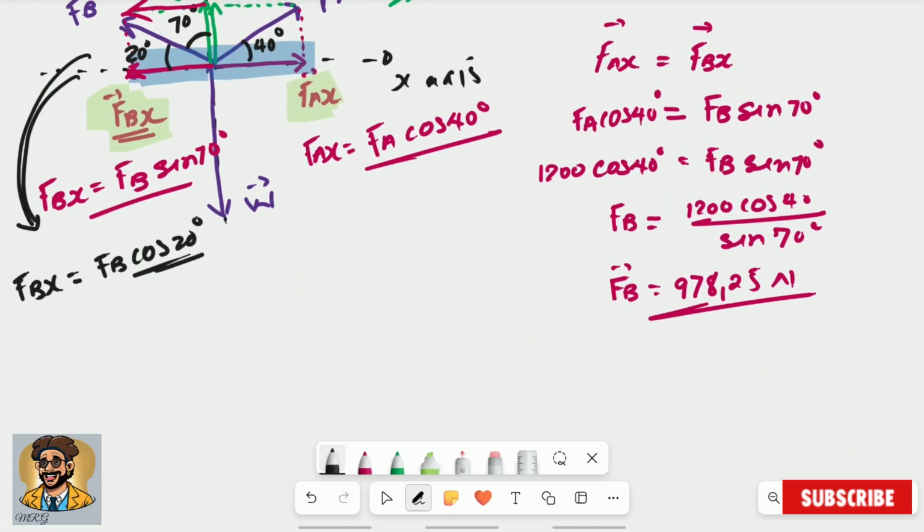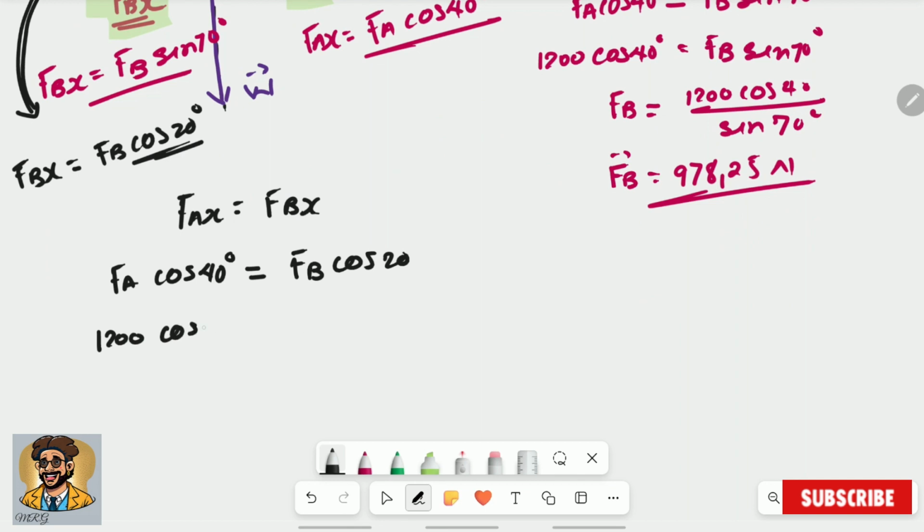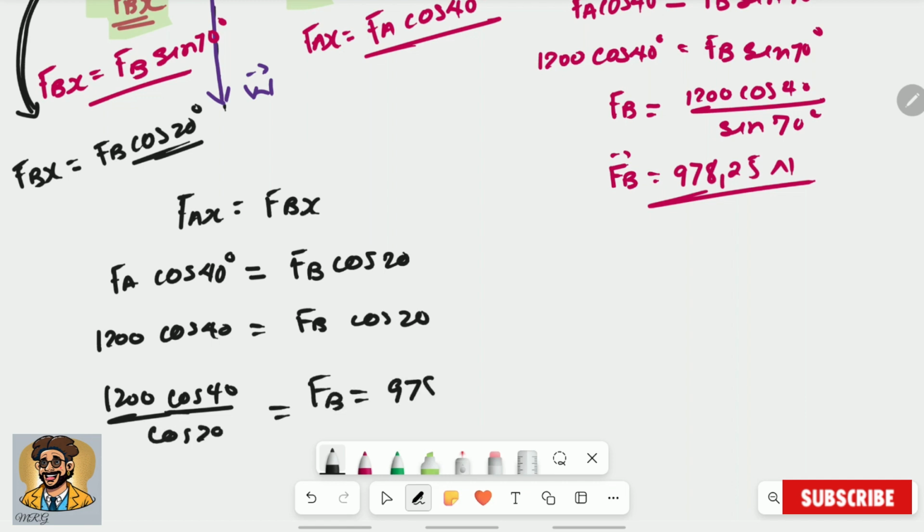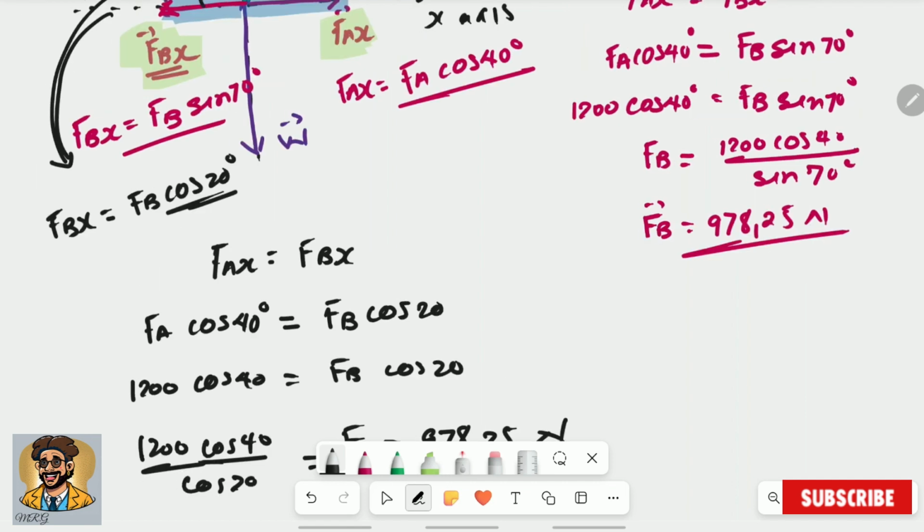Now we go here and we do the same as we're doing there, but instead of using sine 70, we use cos 20. So we have that Fa in x is equal to Fb in x. Are you with me? You can use any, but that is mathematics.